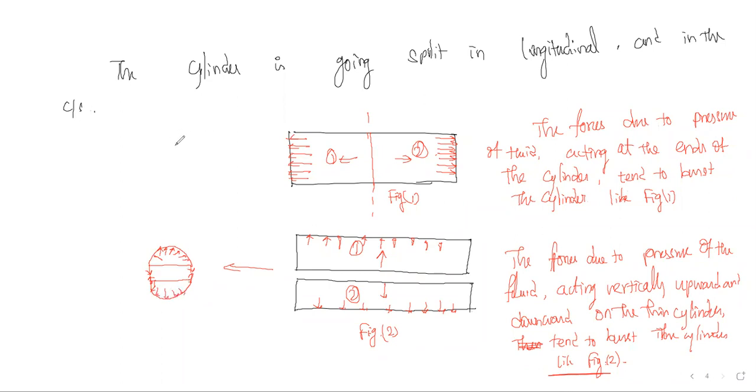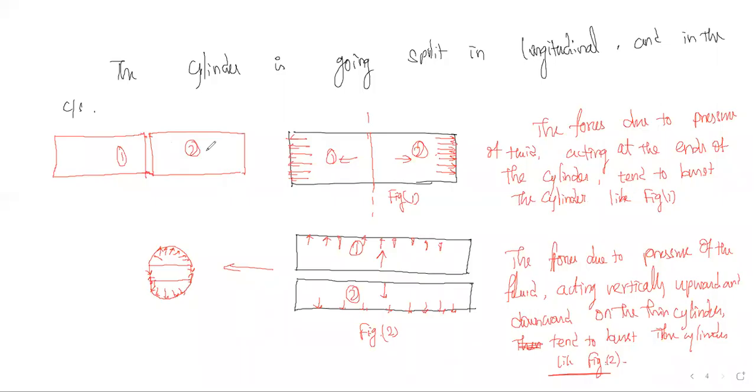At the end of the wall it is going to burst into two different sections, so this is one cylinder section and this is another. So this is the way the failure will occur.